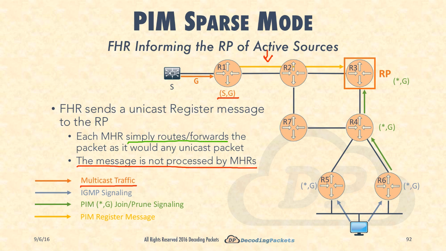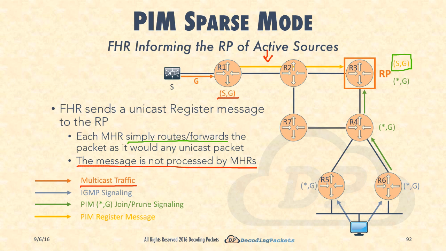The message has the S comma G information in it, and it is now going to create a PIM state. So the first state on R1 is a data plane state, but the state on the RP is a PIM state. Just look at the difference in the color. This is a PIM state because it was created as a result of the PIM message.